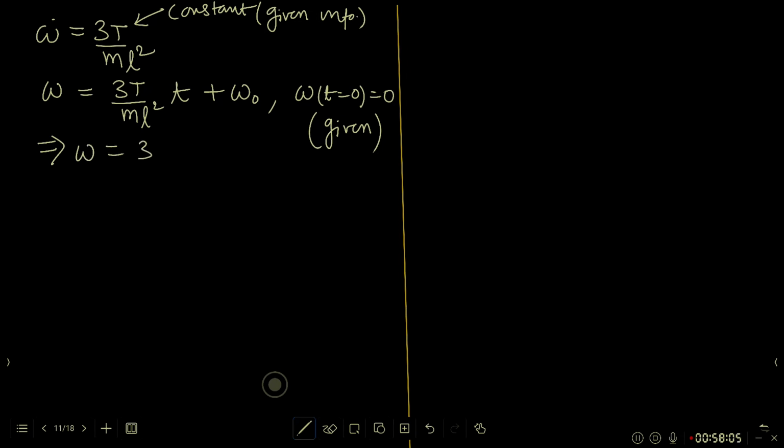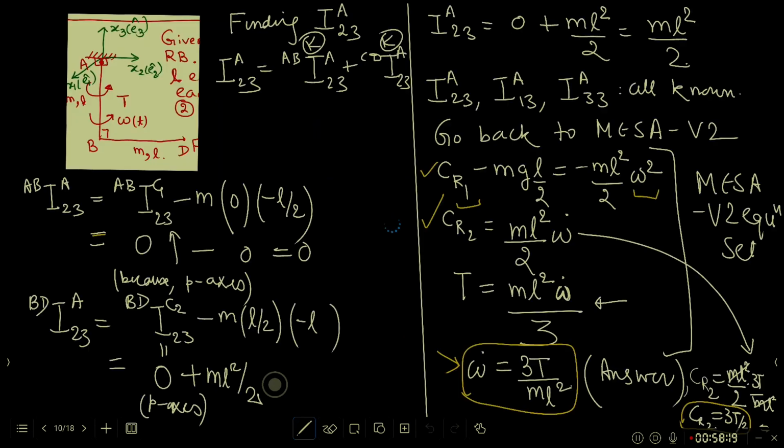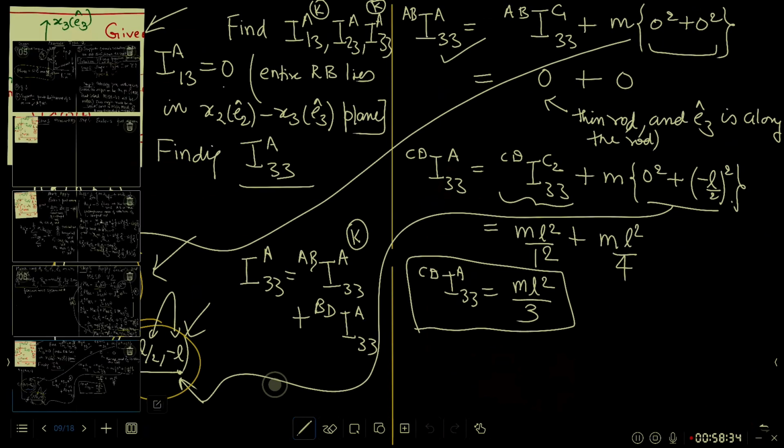Once you have omega, then everything will be found. CR1 here, I am going to take mgl by 2 to the right hand side. I know omega, so CR1 will be found, and if you go back all the way to the reaction forces, here also you see that R3 equals 2 mg was found, as I was saying a little while ago.